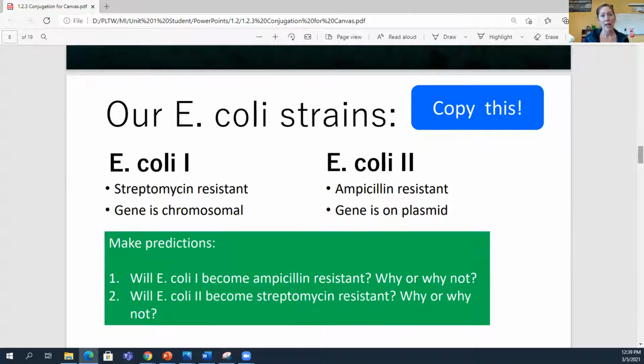And so we're going to ask you in this lab to think about what I just told you about conjugation and make some predictions, and then we're going to carry out the experiments.